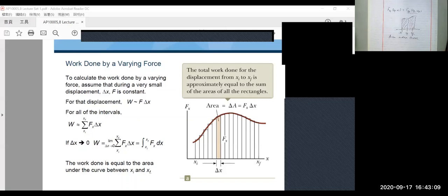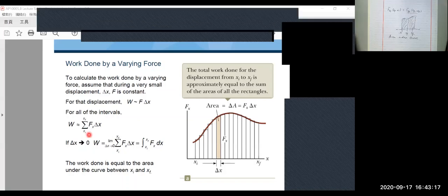So how do we do that? Mathematically, we could write the equation in this way. We are summing all these F times delta x from the very first point of the displacement to the very last point of the displacement.